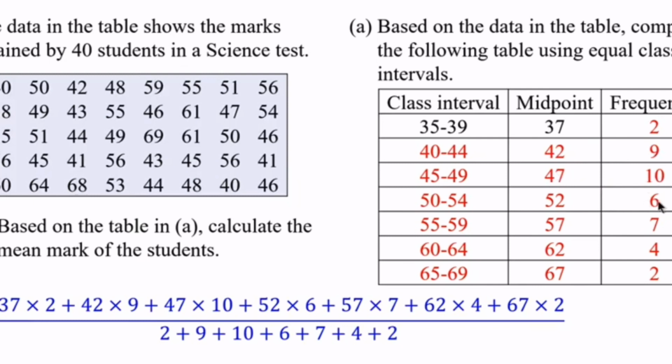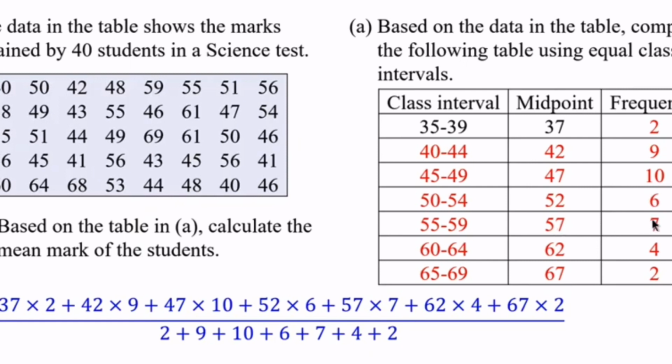So we always double check carefully: 52 times 6, 57 times 7, and then 62 times 4, and plus all the way 67 times 2.